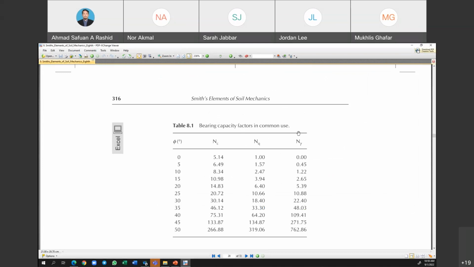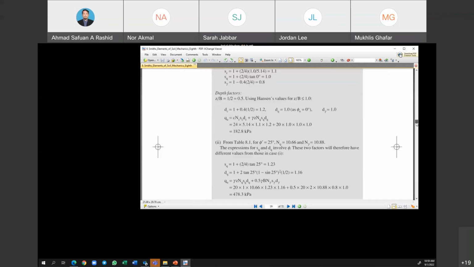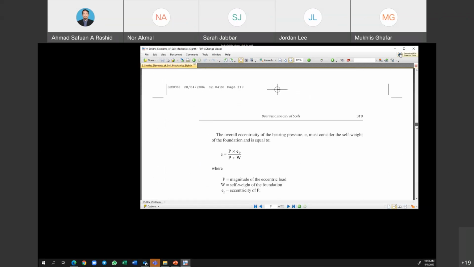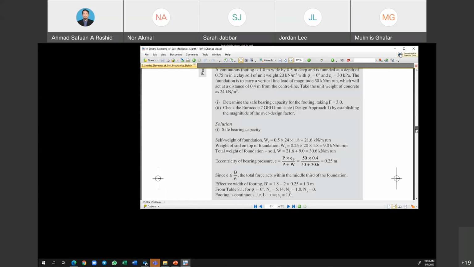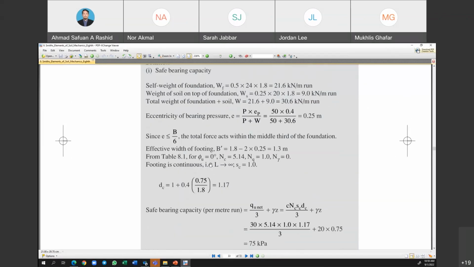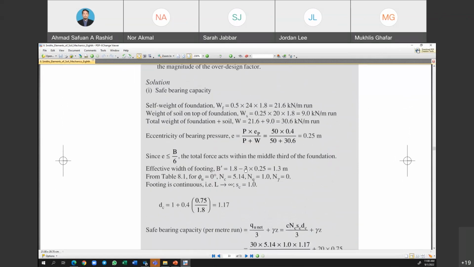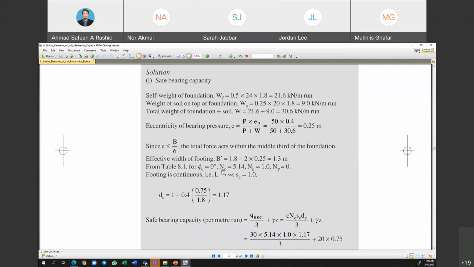Okay, on page 316. With phi equal to 0, because it is what we call a clay, NC is equal to 5.14, Q is equal to 1 and gamma is equal to 0.